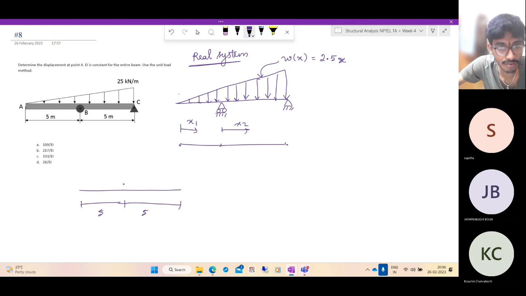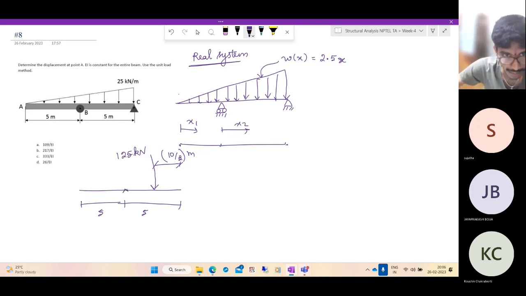This is a triangular load, so the total magnitude will be 25 into 10 by 2, so 250 by 2 is 125. 125 kilonewtons acting at L by 3, so 10 by 3 meters. Note that I have not taken it as 5 by 3. The triangle is throughout, so we should take 10 by 3.